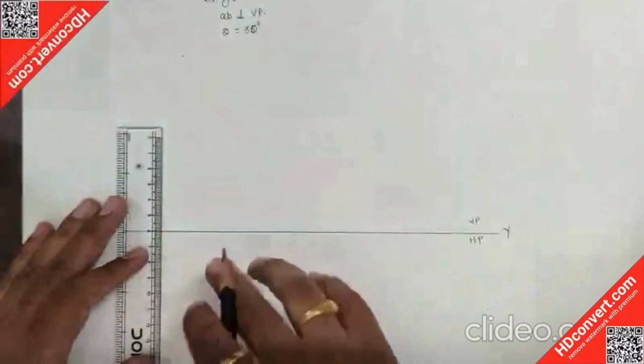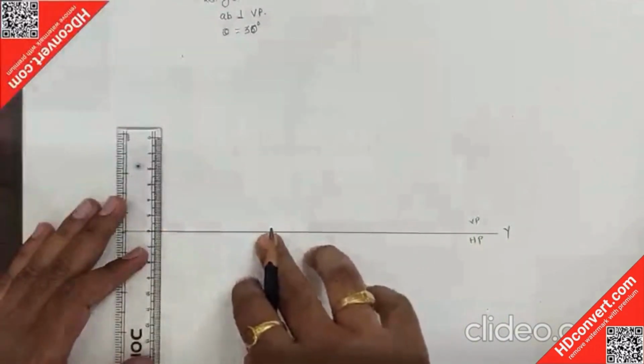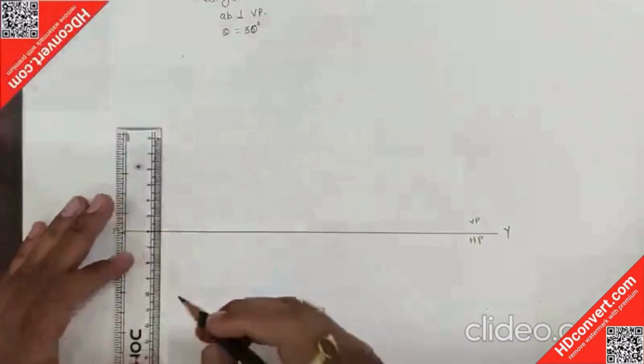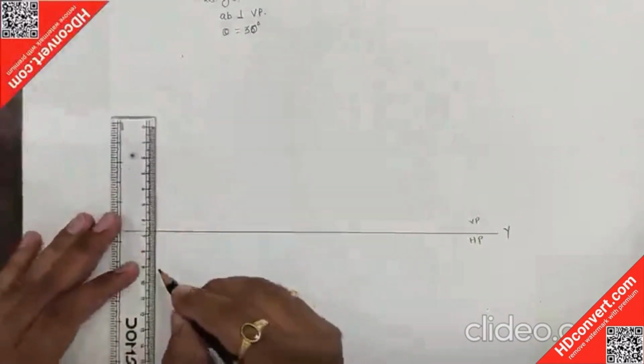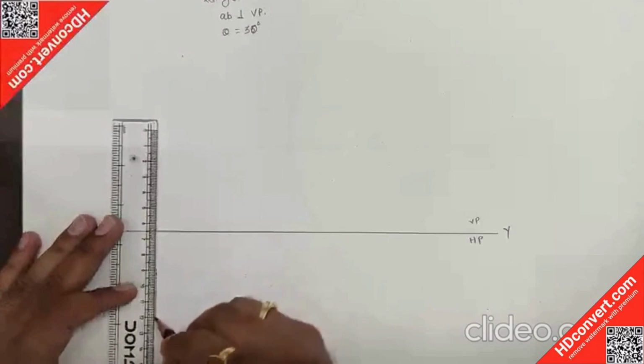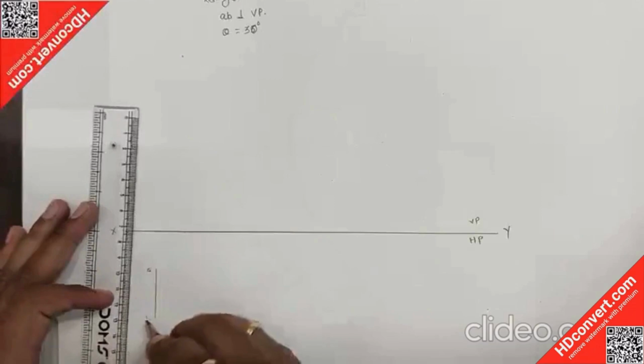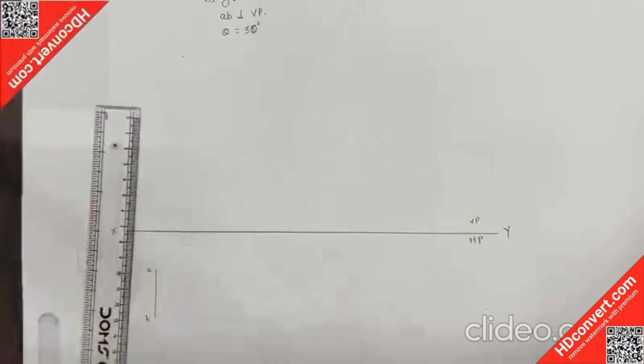That's why in the top view we can see its true shape. So you have to start your drawing from the top view. Here AB side is perpendicular to VP, that's why this is a 30 mm side A B, and you have to draw a triangle.